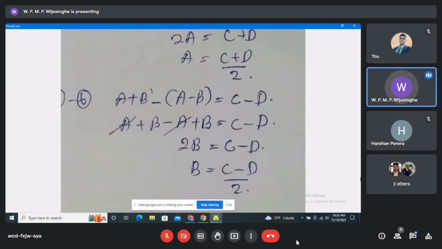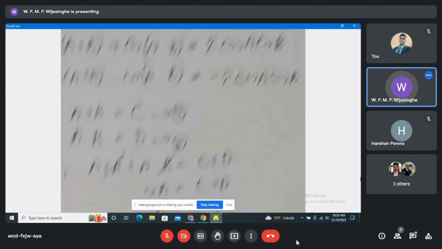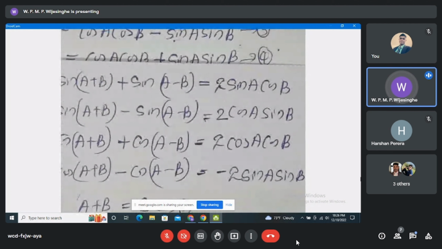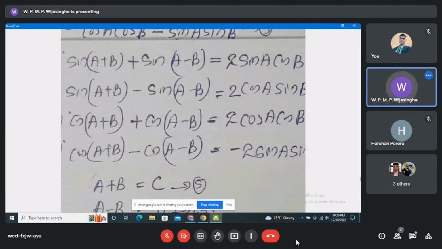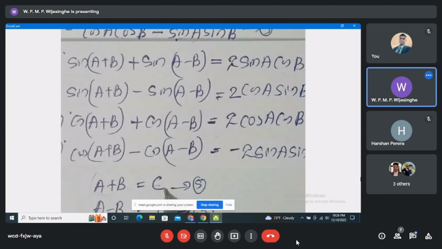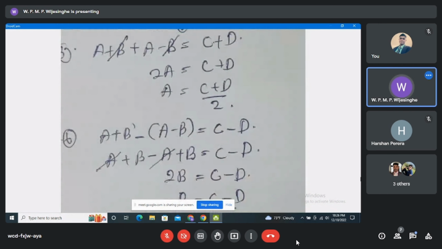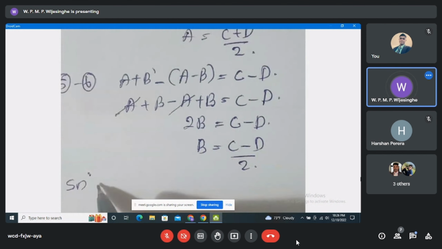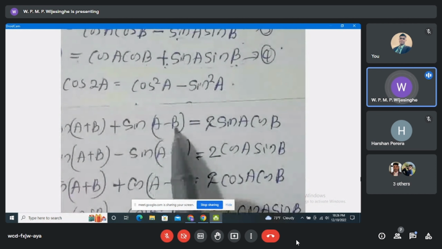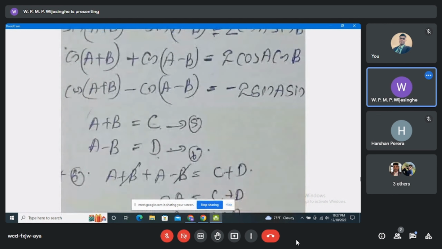So that I'm going to write by using these C and D angles in the relationships that we have already built. Here sin A plus B means A plus B is equal to C, right? Then I can write here sin C plus sin A minus B, we take it as D, right?